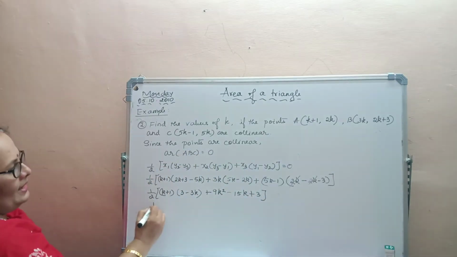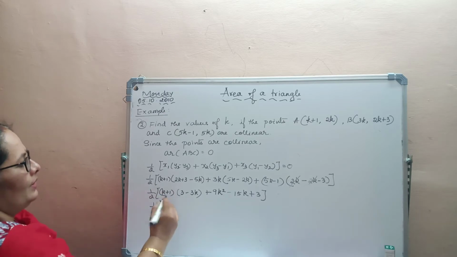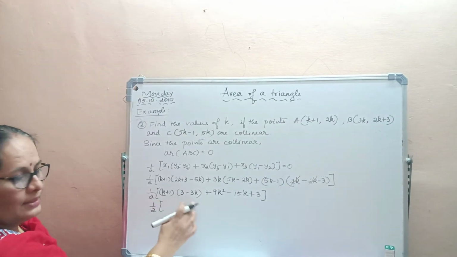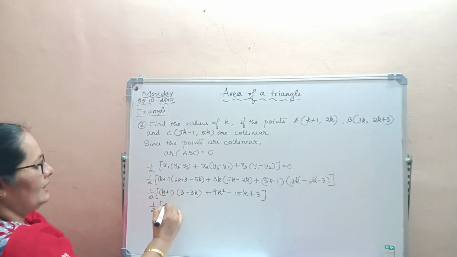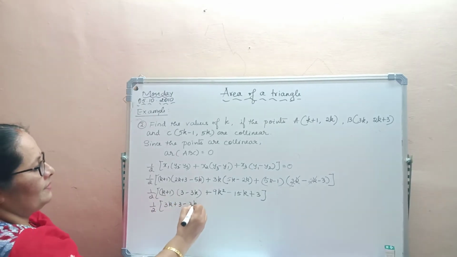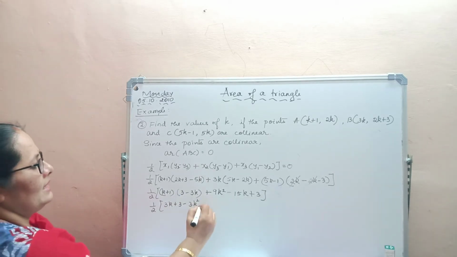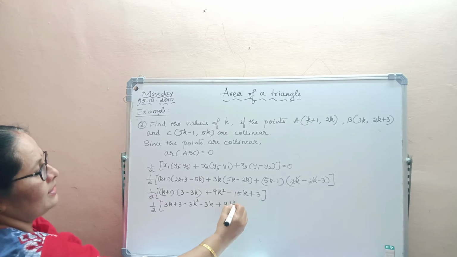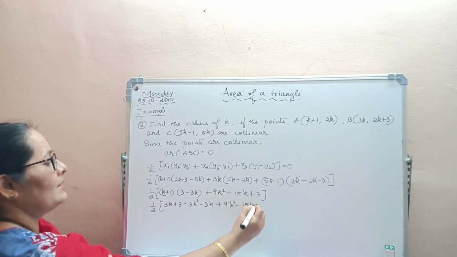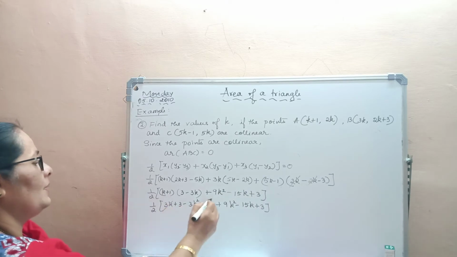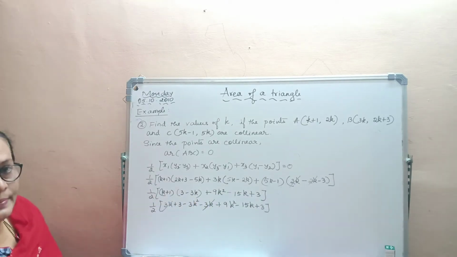Now simplify half into (k plus 1) into (3 minus 3k). So multiply these two: k into 3 is 3k, plus 3, minus 3k square, minus 3k, plus 9k square minus 15k plus 3. Here minus 3k plus 3k cancelled.